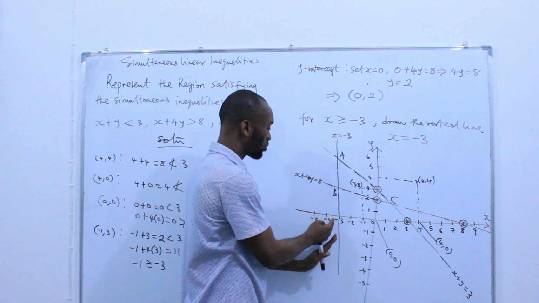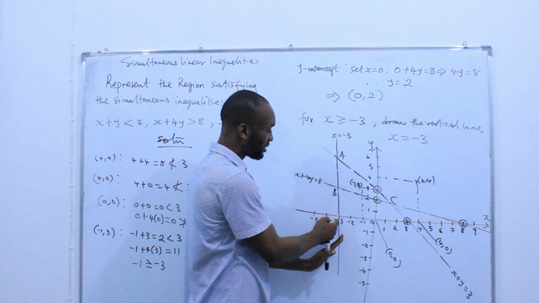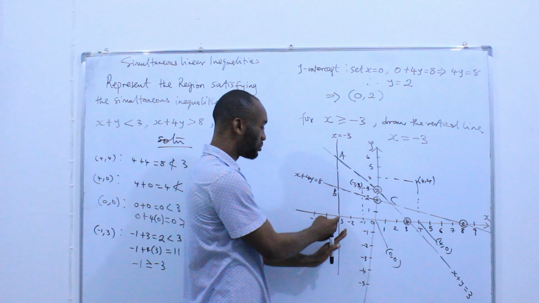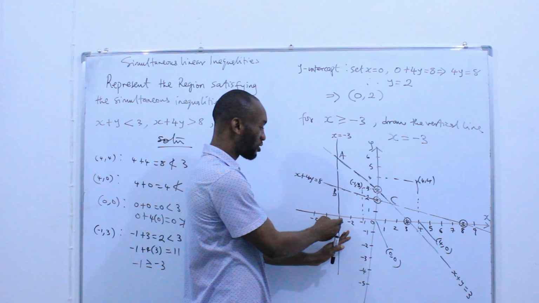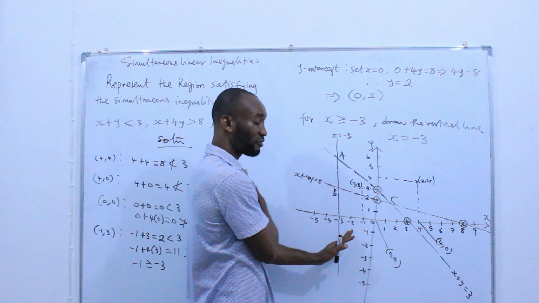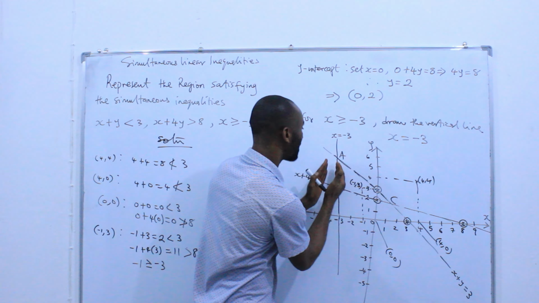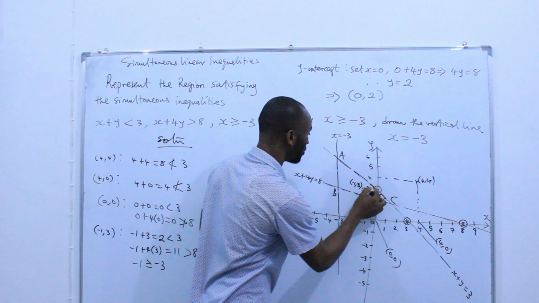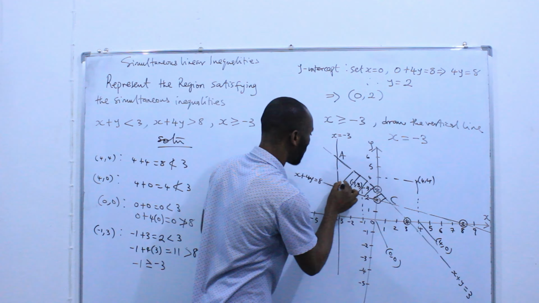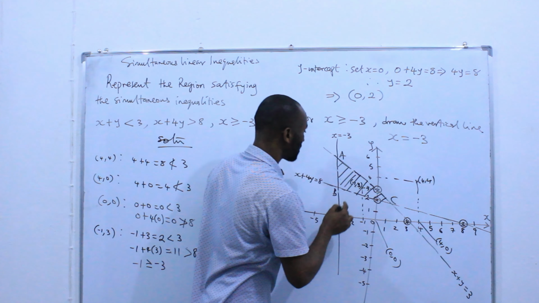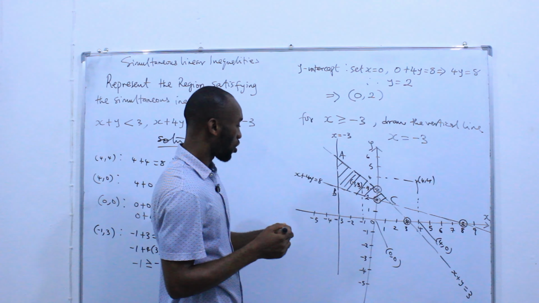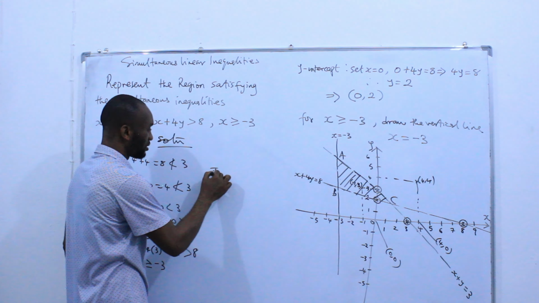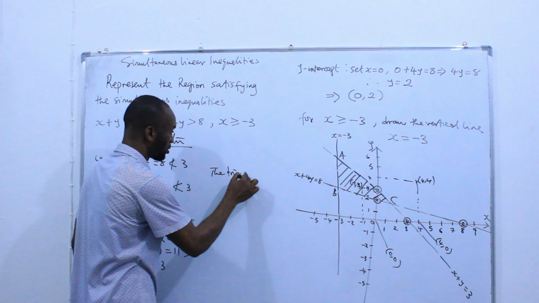That means we are not going to shade any region lesser than -3, which is -4 and -5 downwards. So that's why we are going to shade here. This is the required region that we are looking for, because x is greater than or equal to -3.